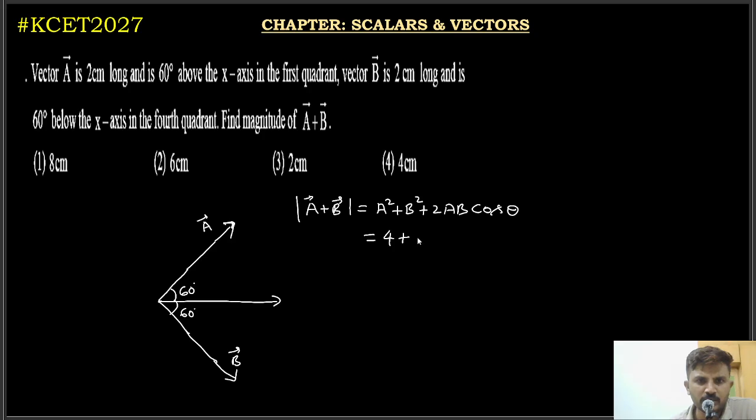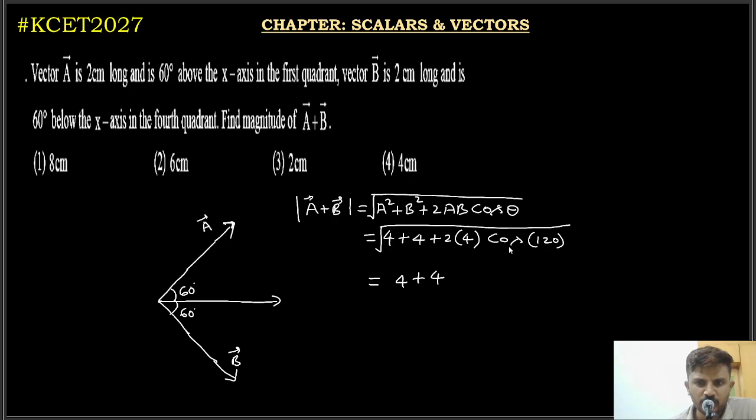B square is 2 square, 4, plus 2 into 4 into cos 120 degrees. That will be 4 plus 4. Cos 120 is minus 1 by 2. Here the minus sign will come. So minus 4 under the root. 4 will get cancelled. Square root of 4 is equal to 2 centimeter. That will be the answer.